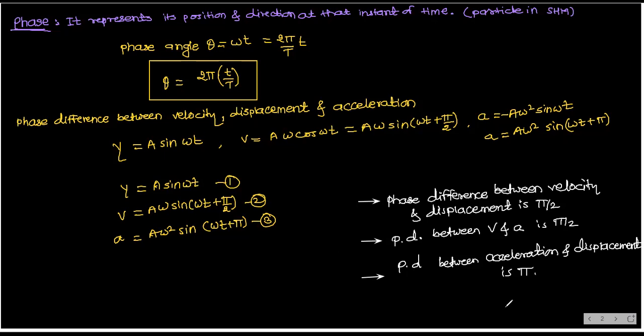Okay, finished? Right. Next one is what is epoch? It is denoted by phi.